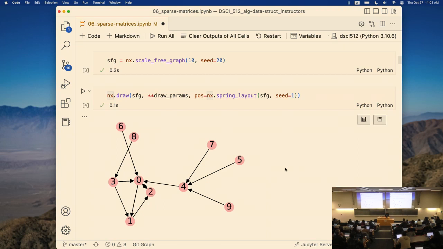Right. Okay, so this is a directed graph. So if we had an undirected graph, in that case, what would you say? For example, 0 or let's say 3.